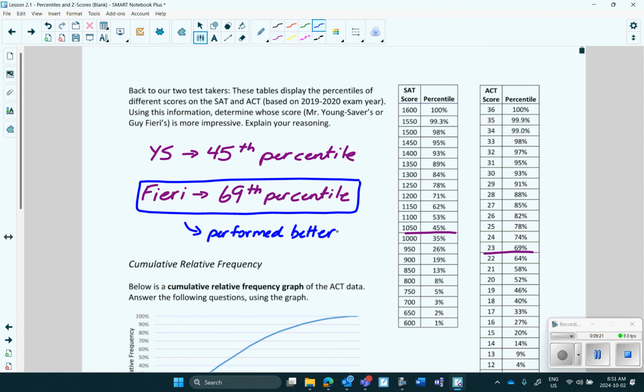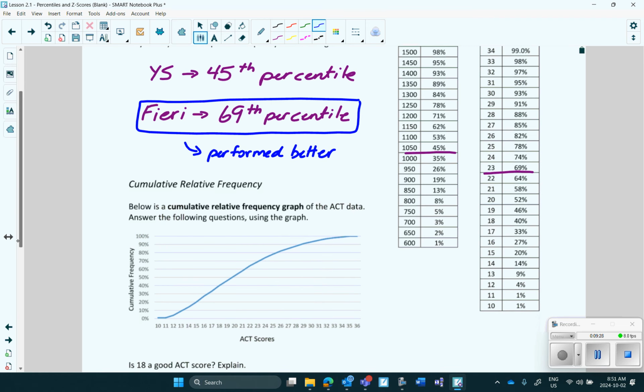And we can graph percentiles, we can graph situations like this using what's called a cumulative relative frequency graph. And it usually takes this kind of curvy shape. And we start at 0 because the lowest value will be at the 0 percentile.